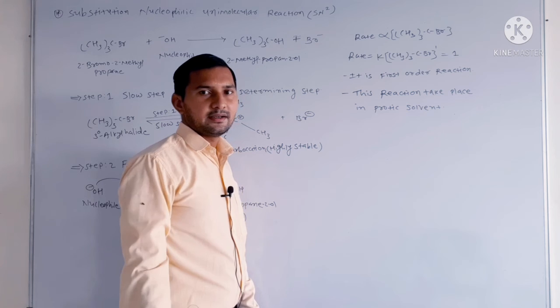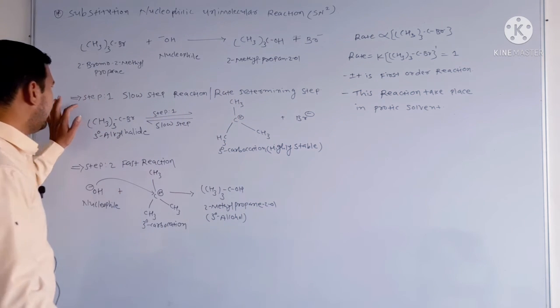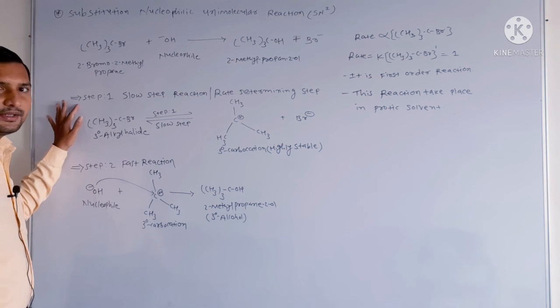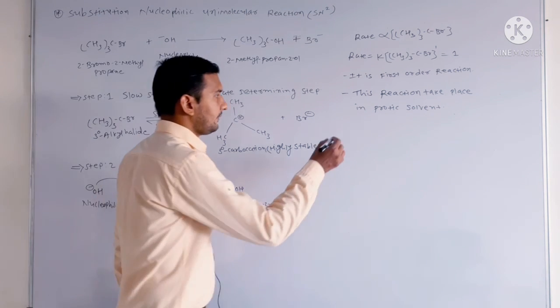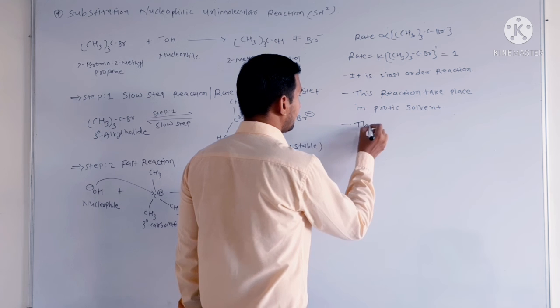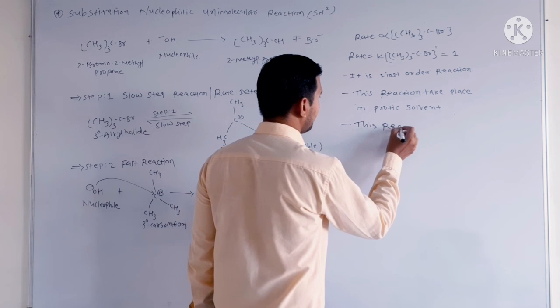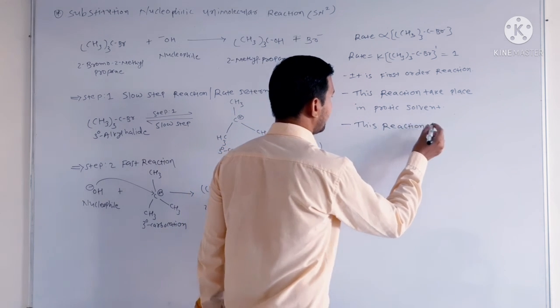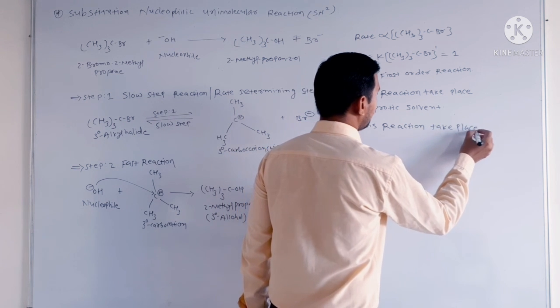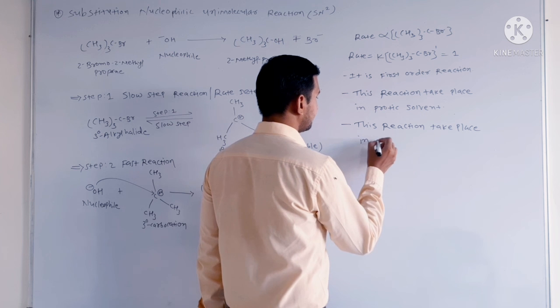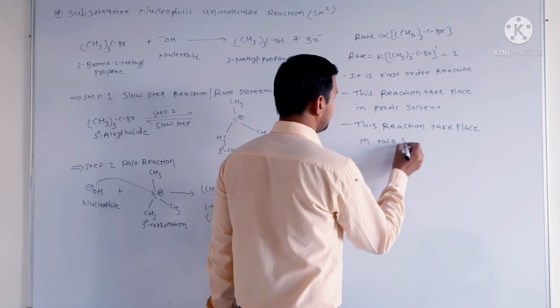This reaction happens in two steps: step number 1, which is the rate determining step, and step number 2, which is a fast reaction.